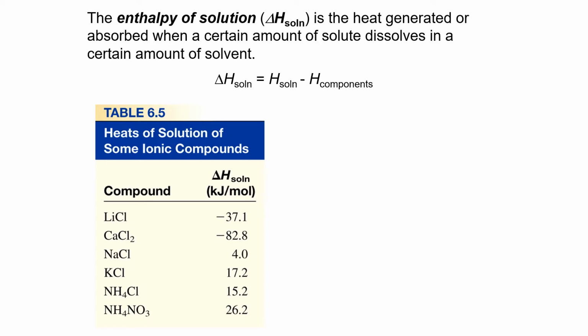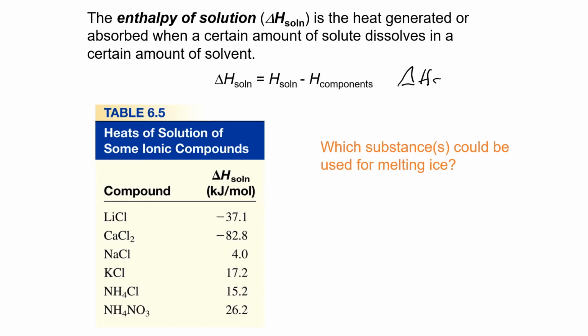And this is basically the same as Q of the reaction because it's at constant pressure. So we could also say that delta H of the solution is equal to Q of the reaction. And over here we have a table of heats of solution for some ionic compounds. Again, they're given in kilojoules per mole. You can look these up in a table. They've been experimentally determined.